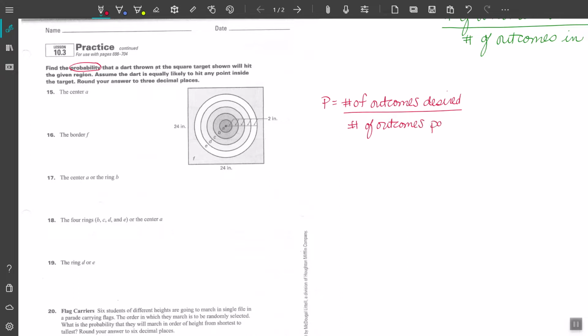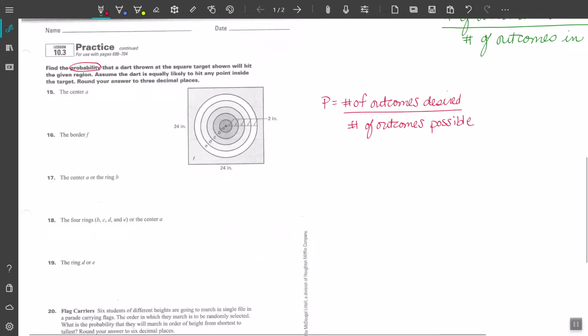So we're going to find the probability in number 15 of the dart hitting the center, circle A. That would be our desired outcome, and any little point inside that circle counts. Every little point inside the circle is an outcome.